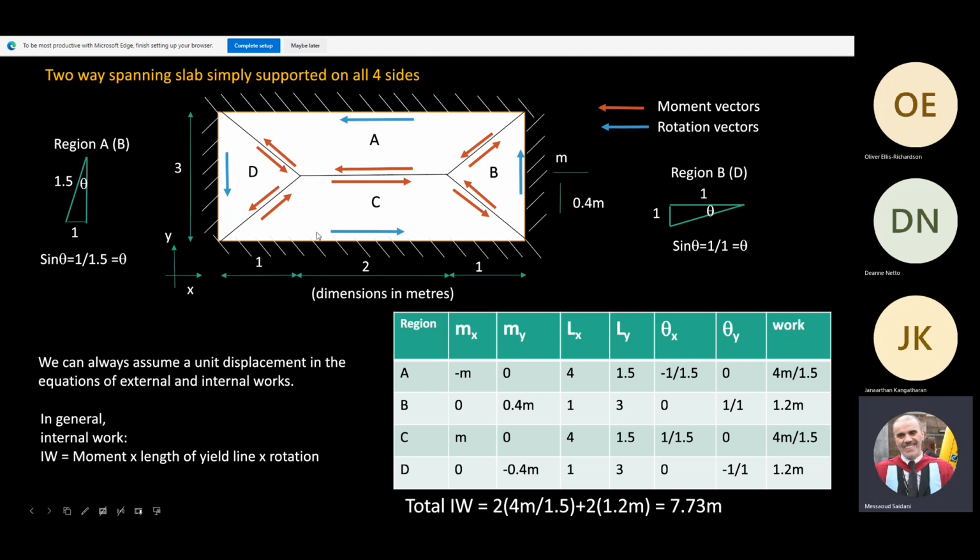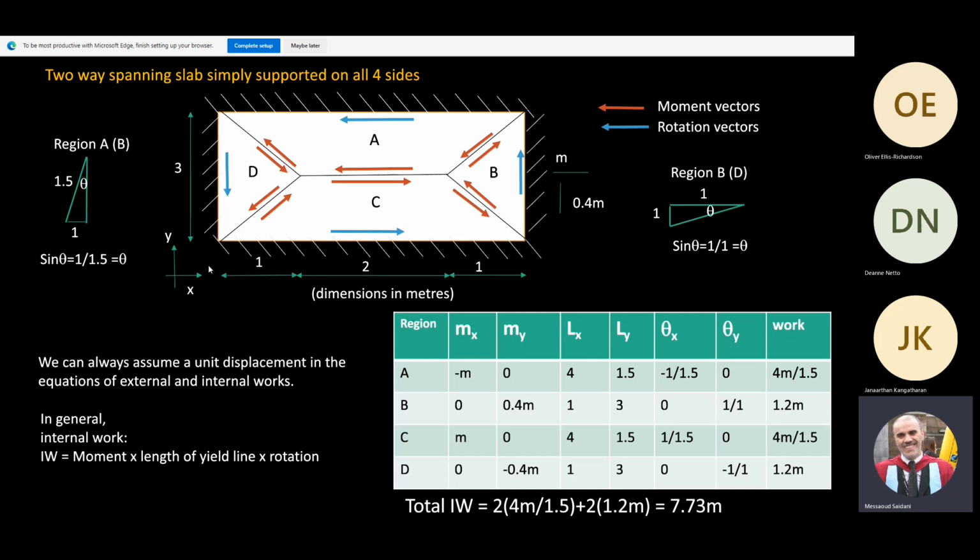Okay, so 1 is equal to 1.5 theta here, you can see that. So therefore theta is 1 over 1.5. I've done a drawing here just to show you what's happening in this direction. You've got 1.5. Remember, the displacements are very, very small. So this is 1.5, this is 1, and this is theta. So theta is 1 over 1.5.